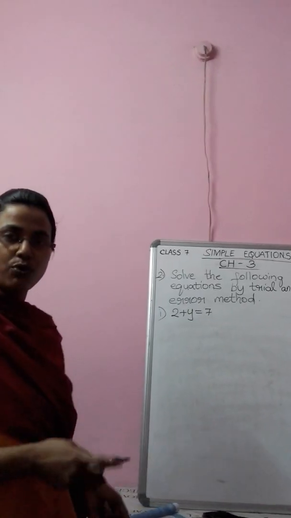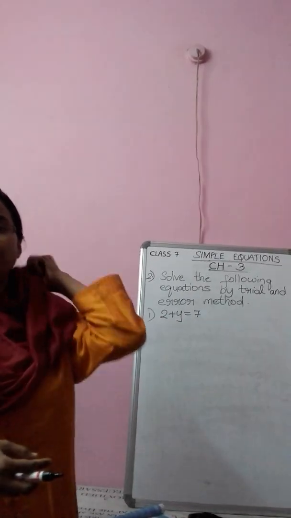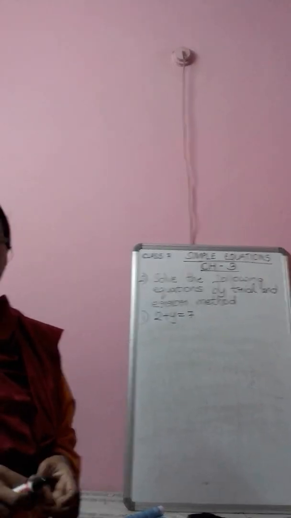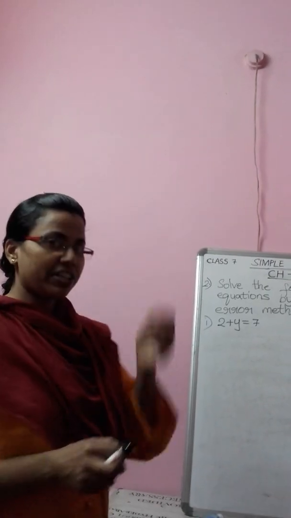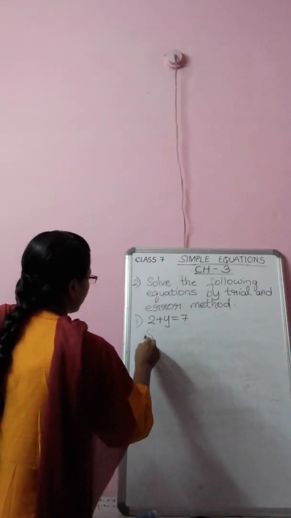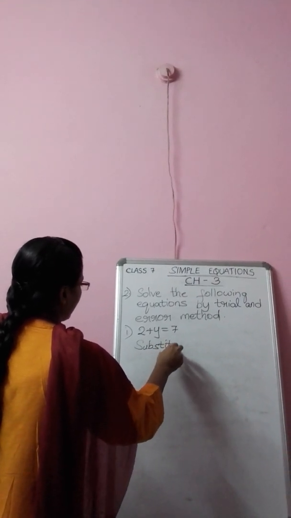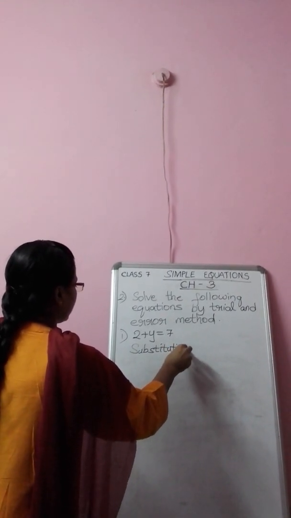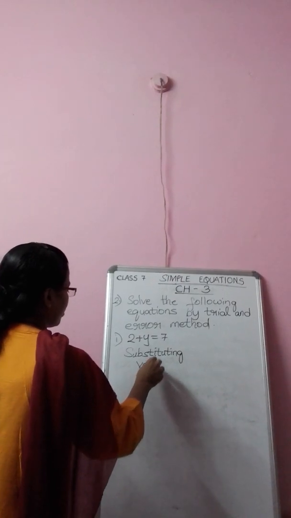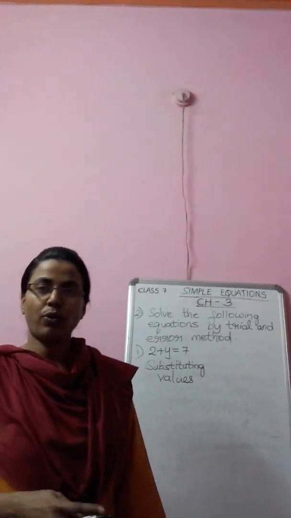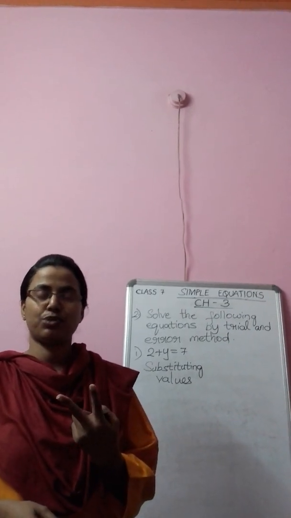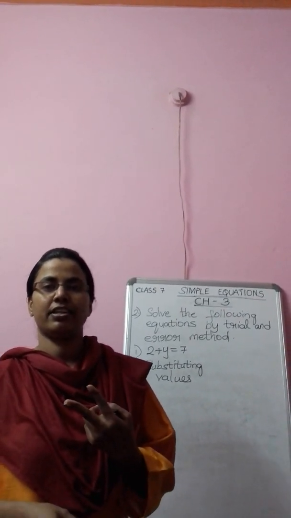2 plus y is equal to 7. What should we do here? Already I have explained to you. First part, what we should do? Substituting values. For an equation, we have two sides. What are those two sides?